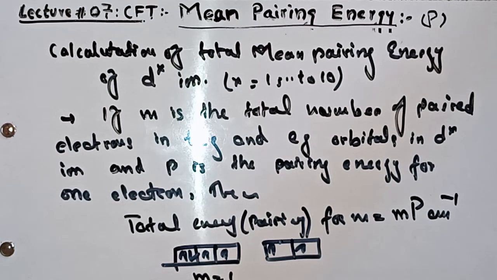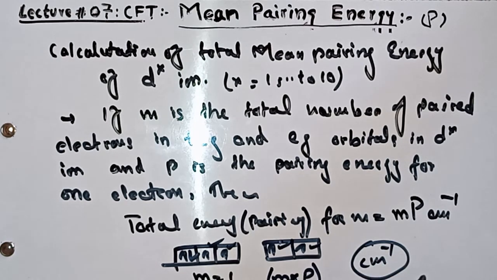So the total energy for that system will be m multiplied by P, where P is the pairing energy for one electron. If m is equal to 1, then 1 multiplied by P. P has units called cm^-1.